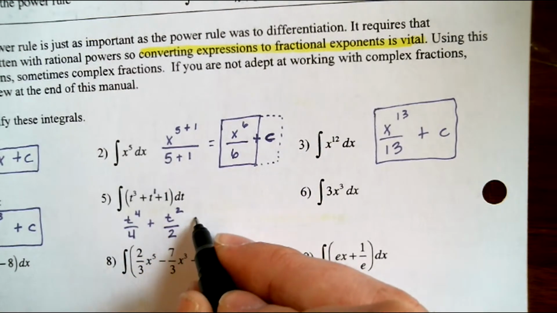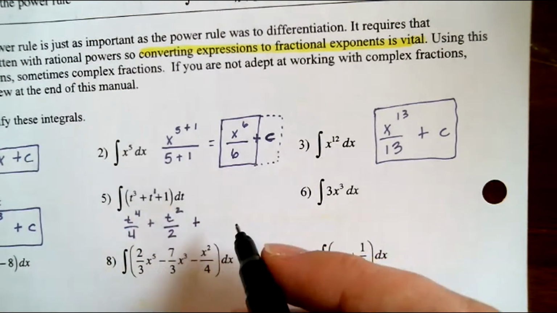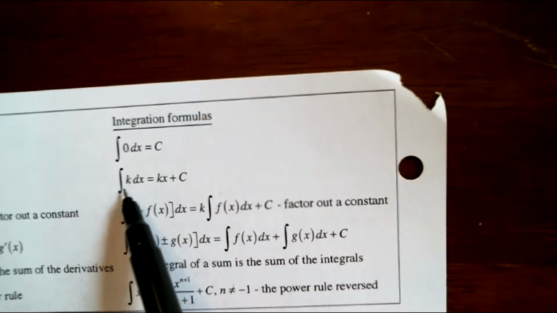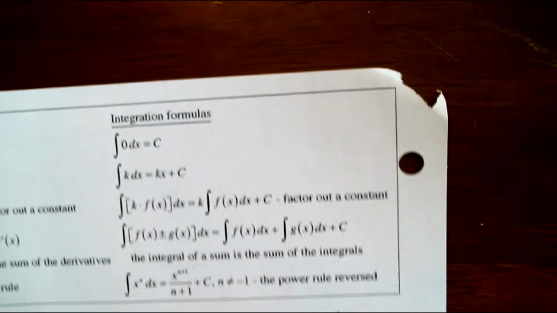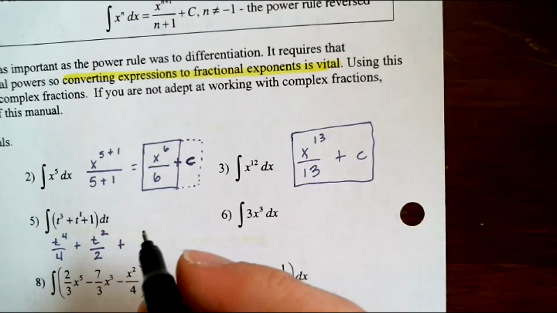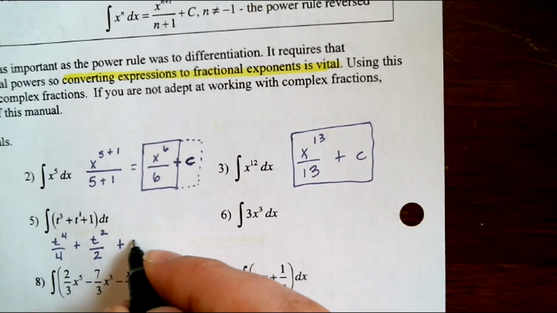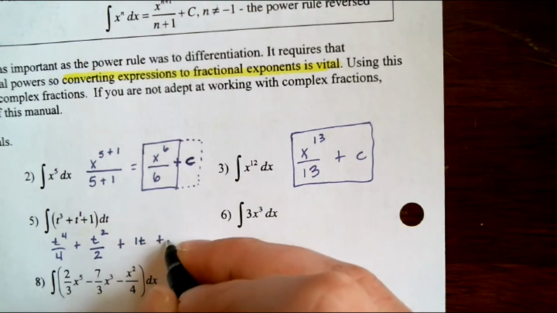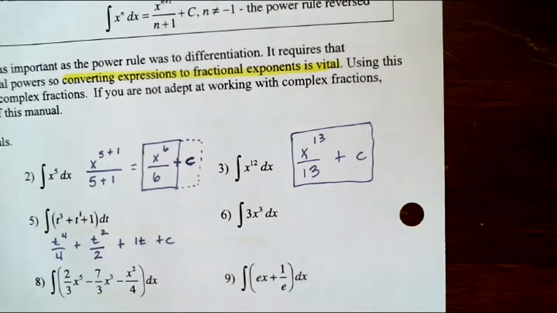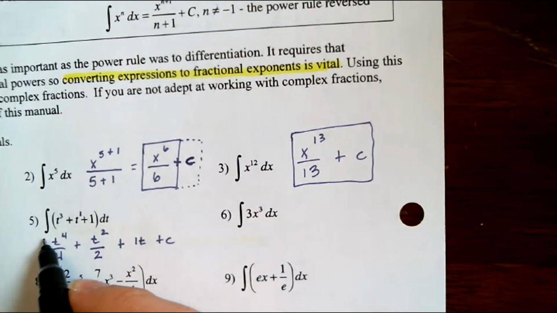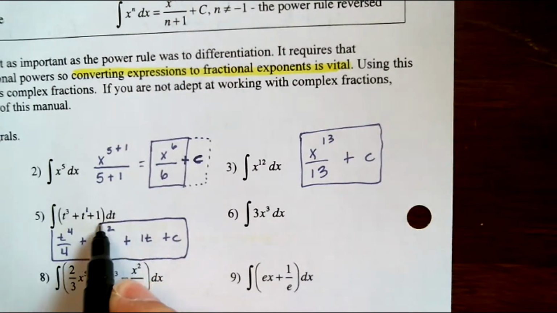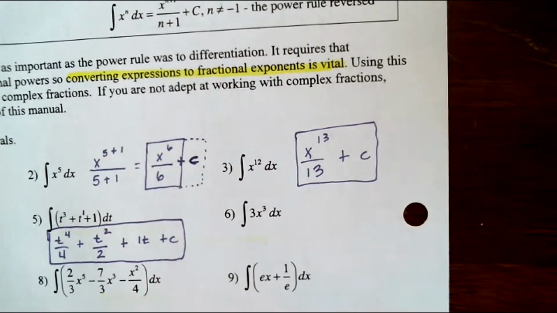And then plus, don't forget this right here, t, the integral of a constant would just be that constant times x, so just basically 1t there. And then we got to say plus c to everything. I cannot really do anything there, so I can't simplify is what I'm saying. So then that would be my answer.